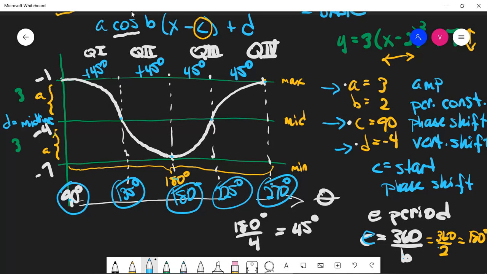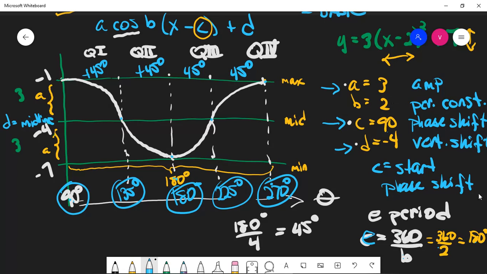So your whole wave was 180 long. That's divided up by the 4 quadrants, or the increments of the wave. It just happened to be 180 long. It could have been a different number. So 180 divided by 4, you add that to your starting point, which was 90 plus 45 plus 45 plus 45 plus 45. So that's your entire wave there.